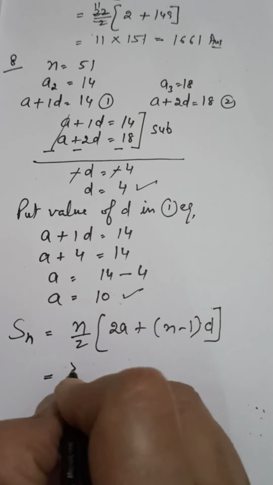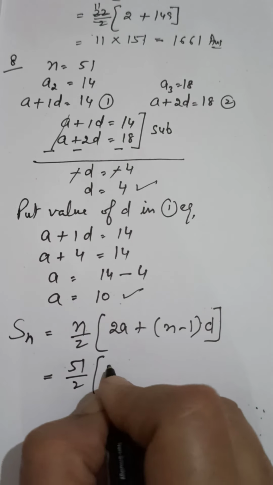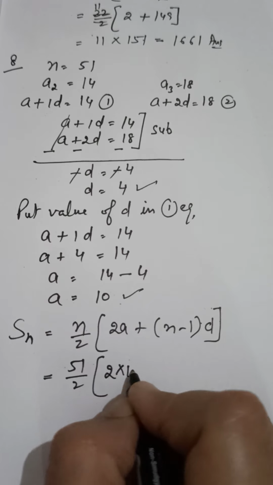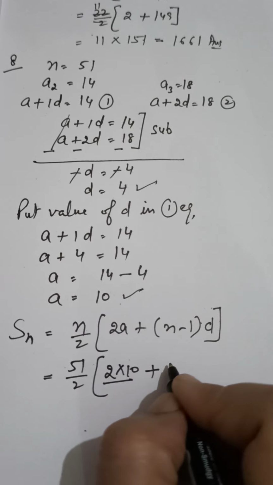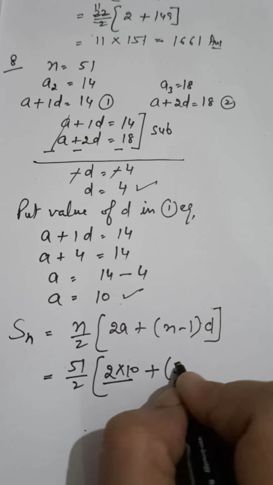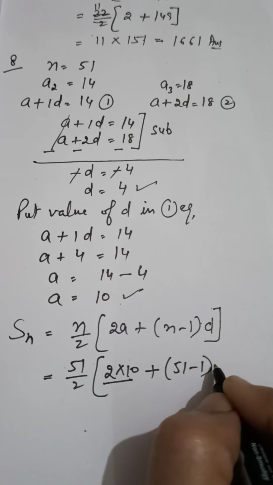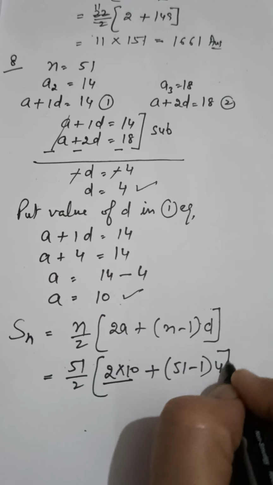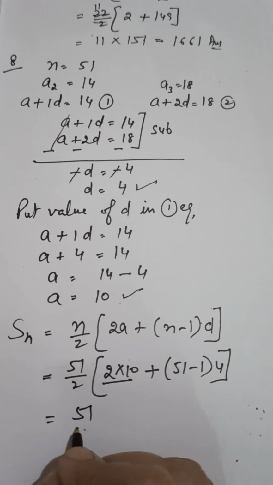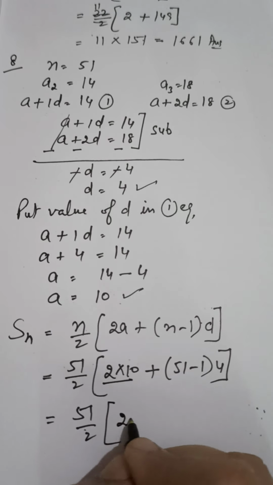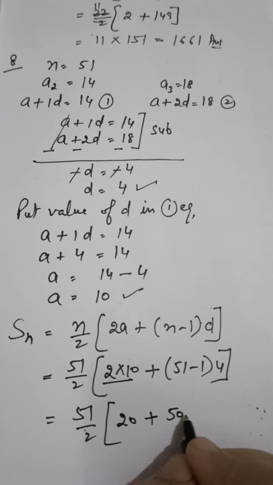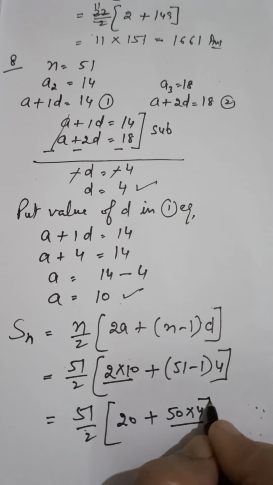What is n? 51 upon 2, 2a, where a is 10, plus n minus 1, that is 51 minus 1, into d. D we have found out, that is 4. So 51 upon 2, 20 plus 50 multiplied by 4.